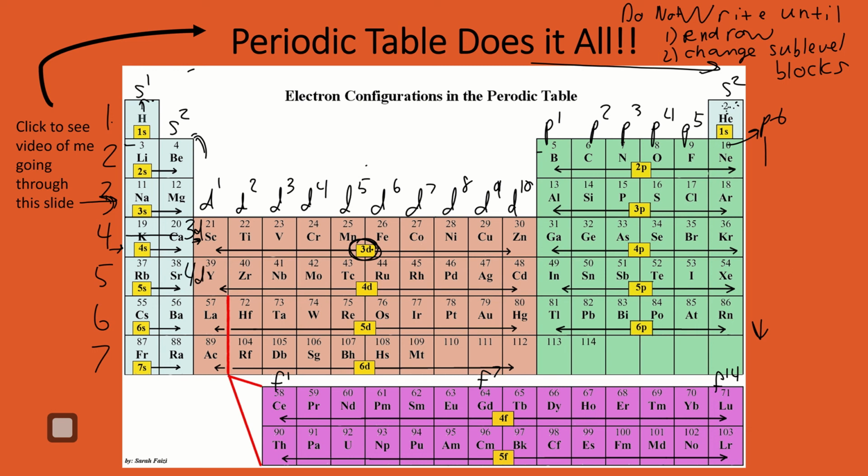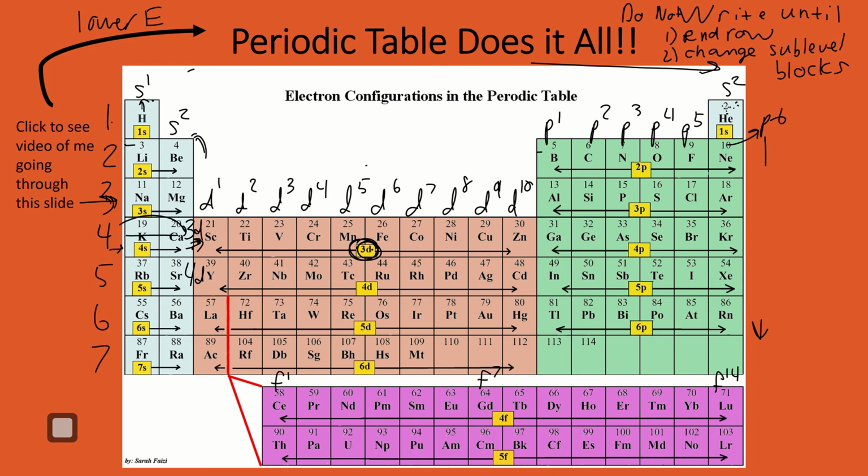What turns out to happen is as I'm adding electrons in, when I hit the fourth energy level, I put 2 in, and then it's lower energy. It's all about lower energy.